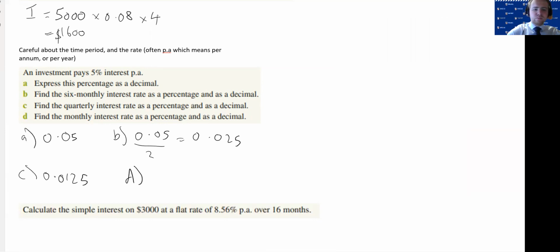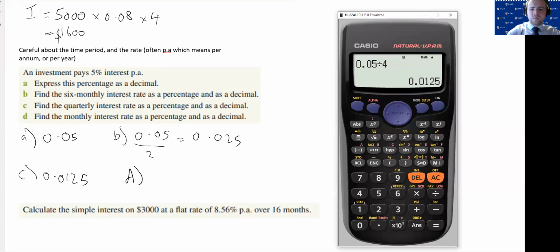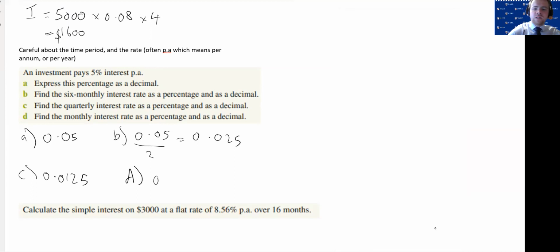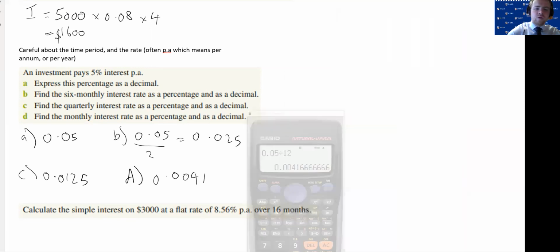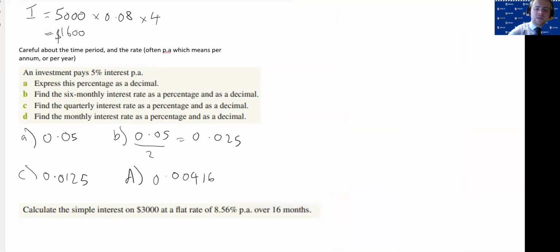Okay, so there are 12 months in a year, so we divide it by 12 and we get 0.00416 repeating. Now, obviously, this would round out, but we'll just leave it there for now.